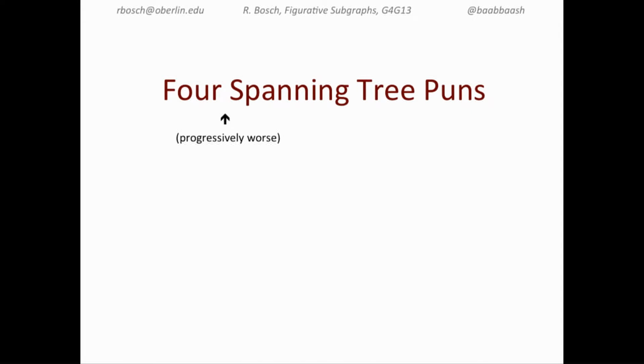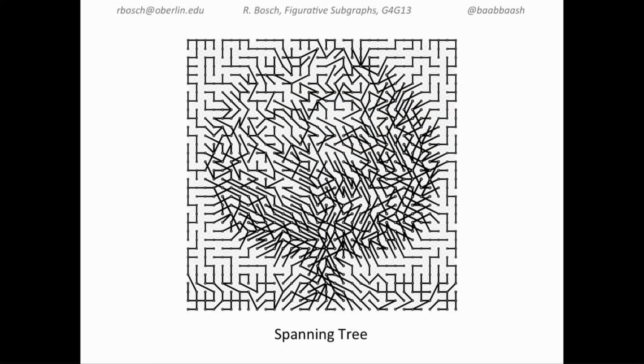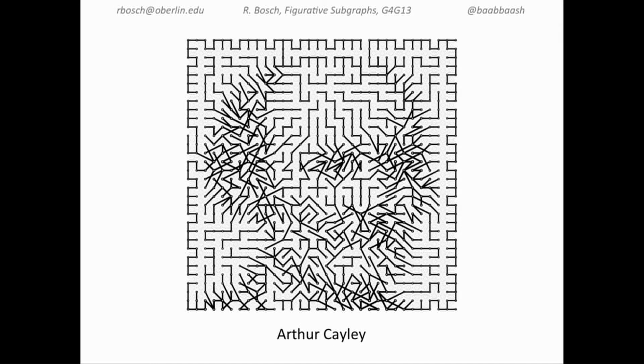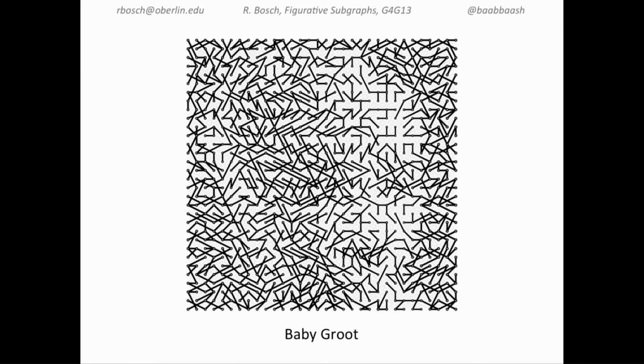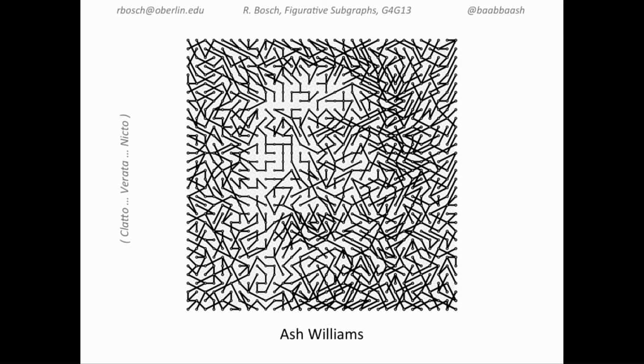4 spanning tree puns. Deciduous tree emoji. I had to do Arthur Cayley. Henry Sagerman suggested this, so blame him. Baby Groot from Guardians of the Galaxy. And this is Ash Williams from The Evil Dead, just Ash because Ash is the name of a tree.